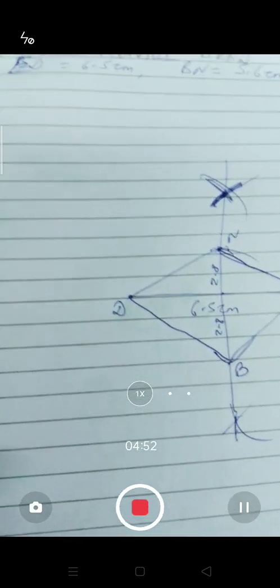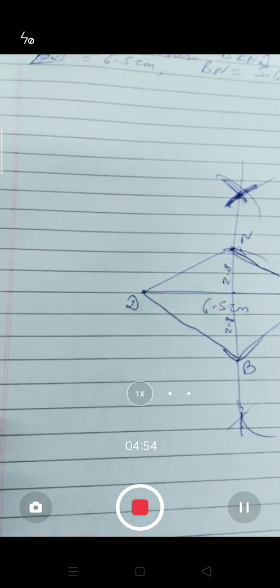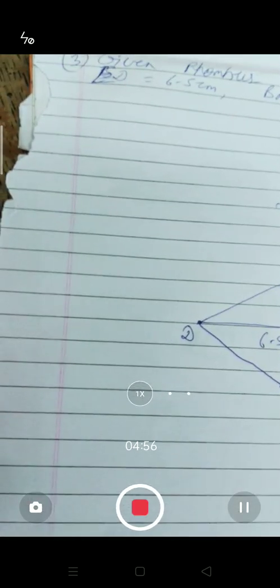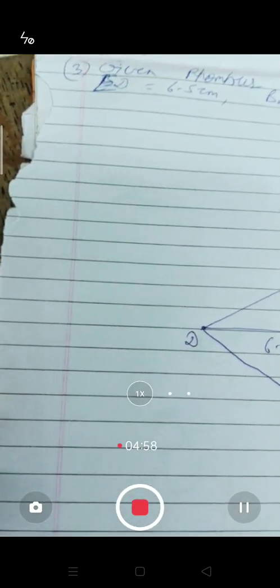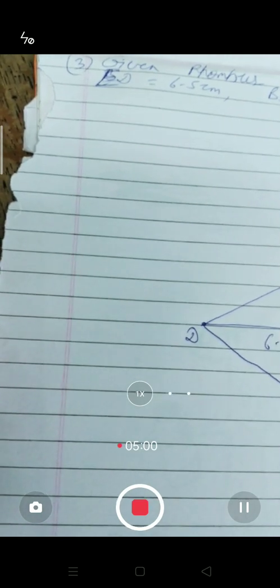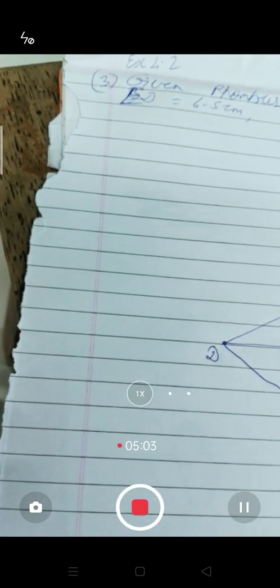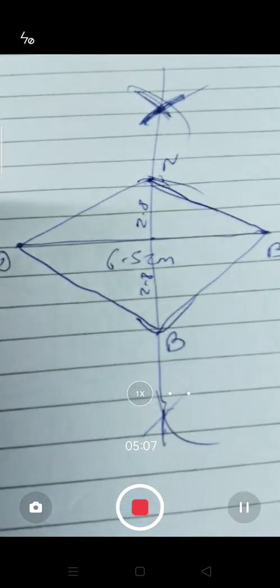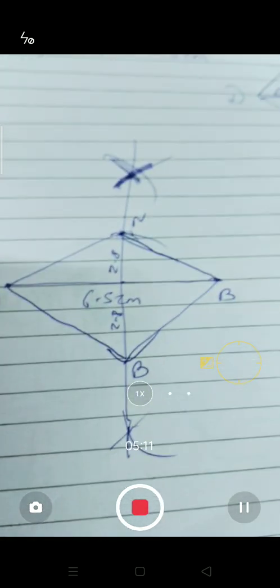Then from the center take half of NB, that is half of 5.6. The answer you get is 2.8. So with the help of compass, mark 2.8 from the center up and 2.8 down, and then join the lines which you get. Those are your N and B. Clear? These are the steps you have to explain.